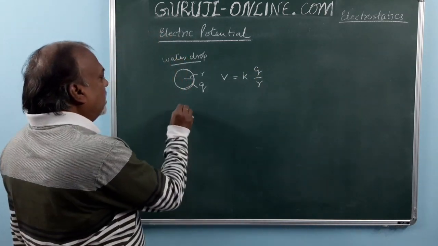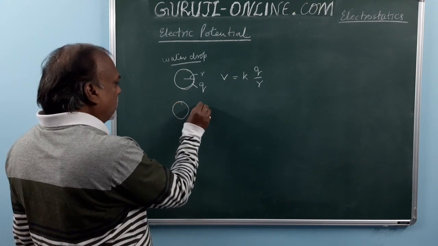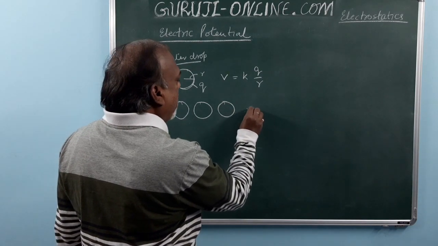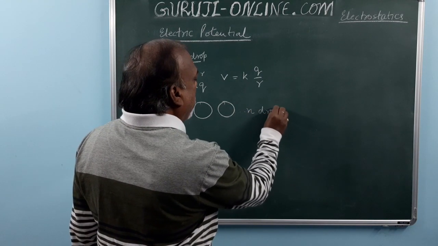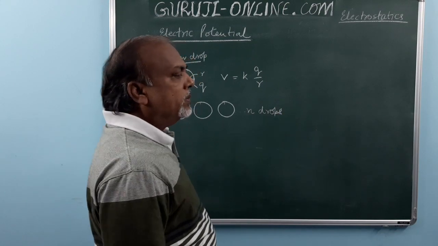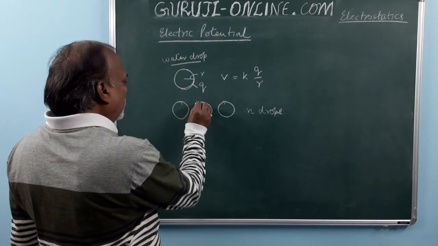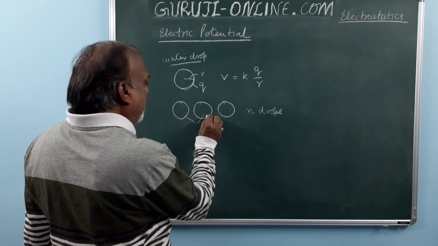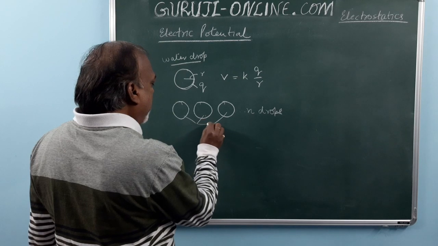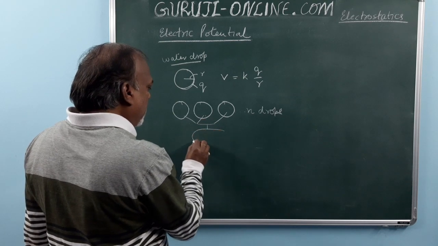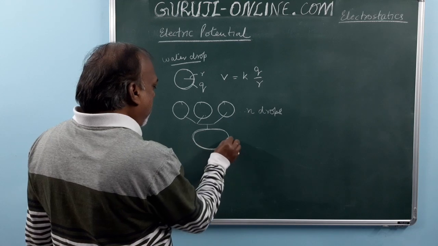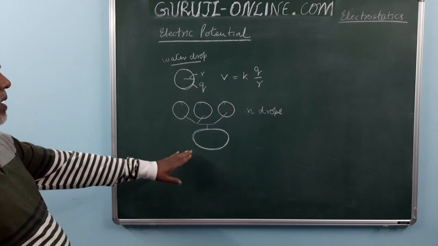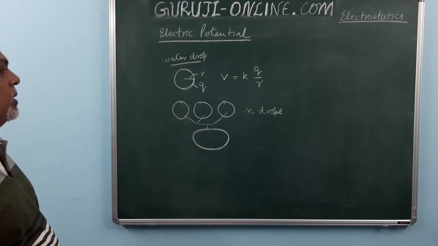Now suppose you have n drops like this, and they are all joined together and become a bigger drop. Then what will be the electric potential in this case?